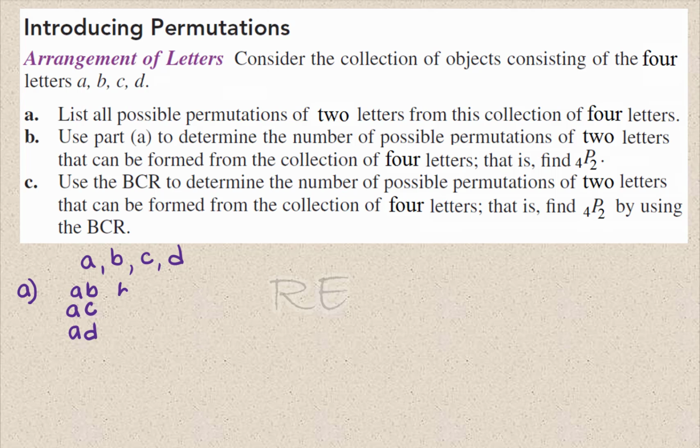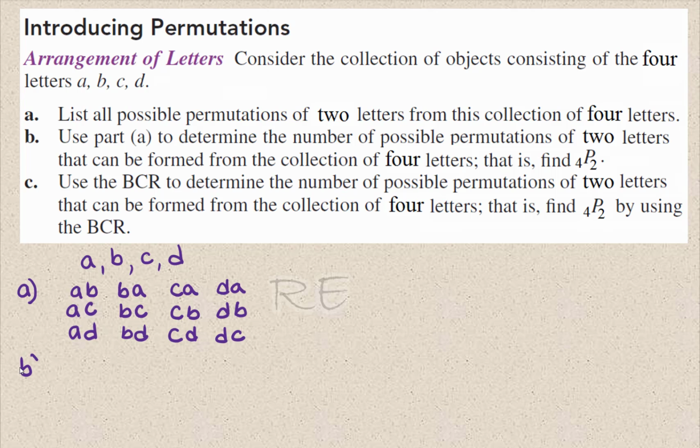Then we're going to have BA, BC, BD. Remember, AB and BA are not the same because order matters. CA, CB, CD, and DA, DB, and DC.